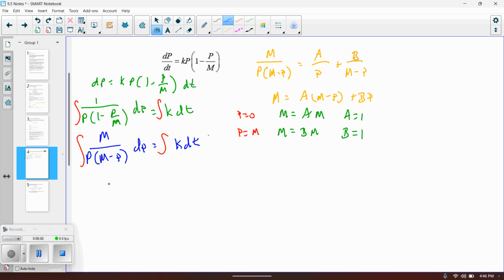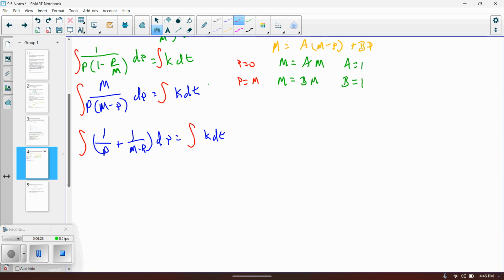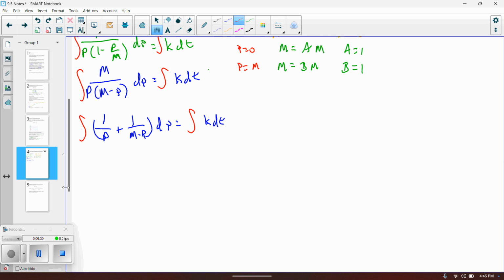Let's go back to blue. So we're going to have 1 over p plus 1 over m minus p dp, and we still have equals k dt, and we are still integrating. Now what we have on the left-hand side are going to be natural log antiderivatives, which is the whole purpose of doing what we just did there, to make it easier to take the antiderivative.